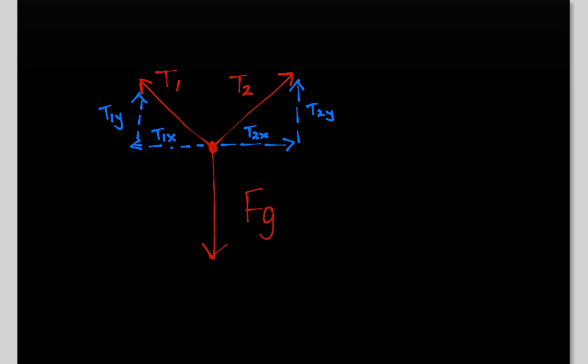So could you come up with an equation for F net in the y component? Remember, F net is equal to the sum of all forces. So what forces are acting vertically?